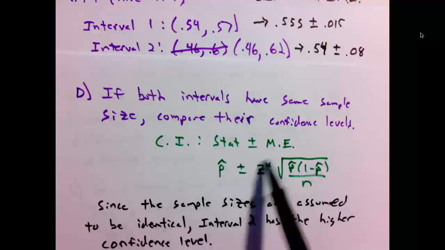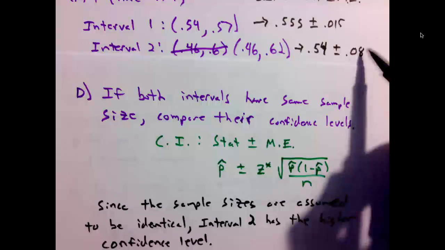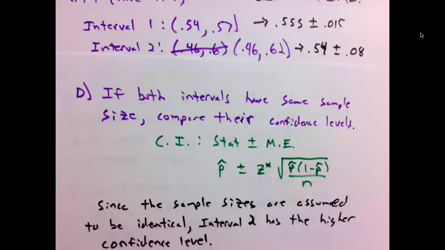Interval 2 must have had a higher z star because all of these other quantities are the same, and interval 2 has a greater margin of error.